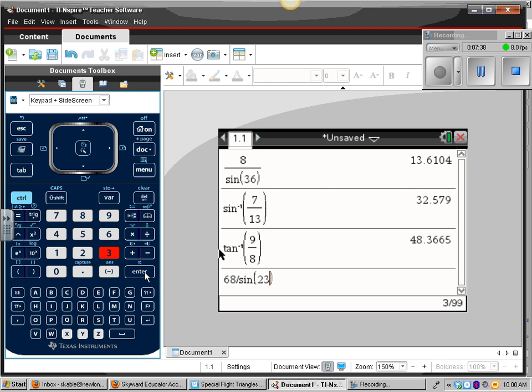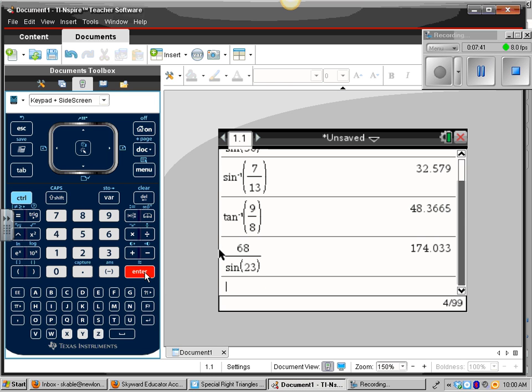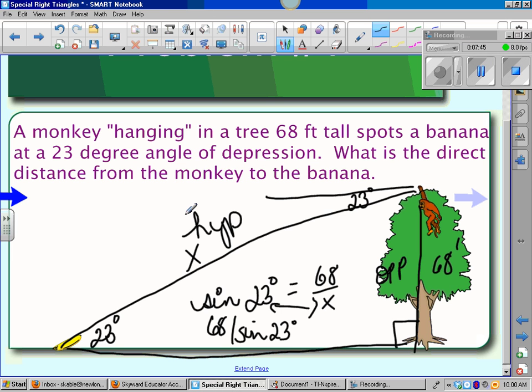Make sure, again, your calculators are in degree mode. And so there would be our distance. It's pretty much 174 feet. So how far is the monkey away from the banana? 174 feet. Answer done to the problem.